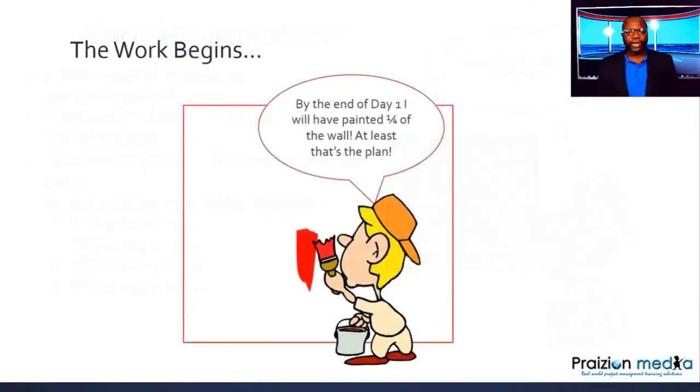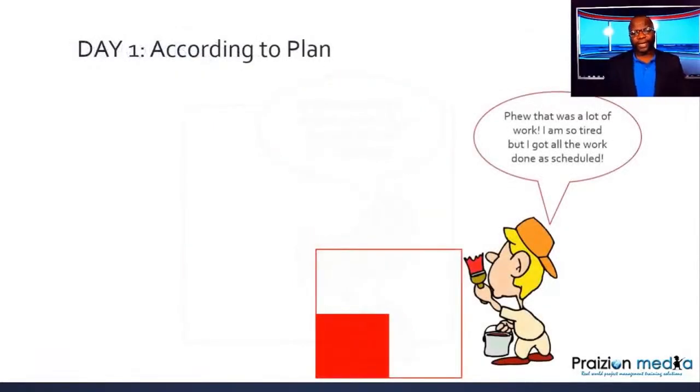So by the end of day 1, I will have painted a quarter of the wall. At least that's the plan. Okay. Enter day 1. At the end of day 1, Herman says, phew, I was really tired. But I got all the work done as scheduled. Okay.